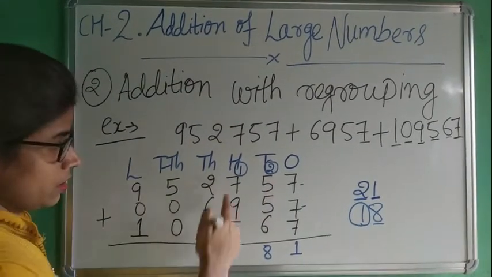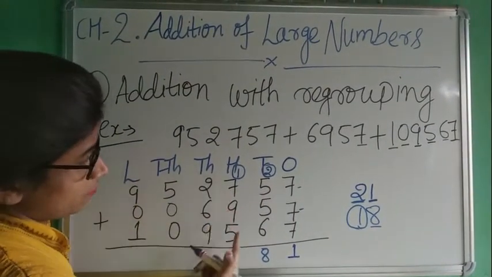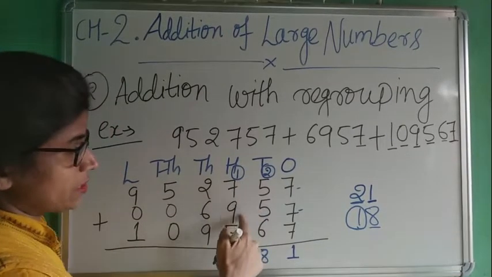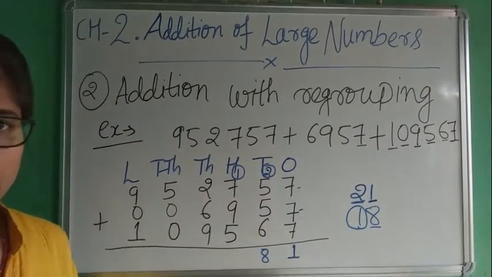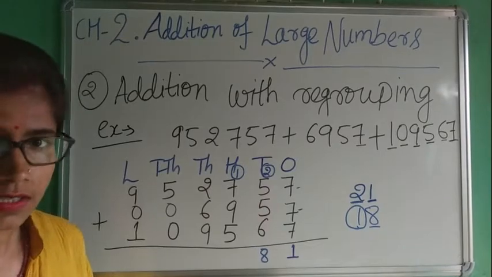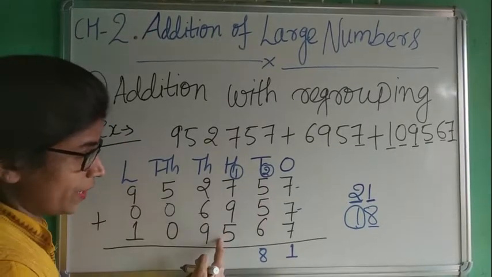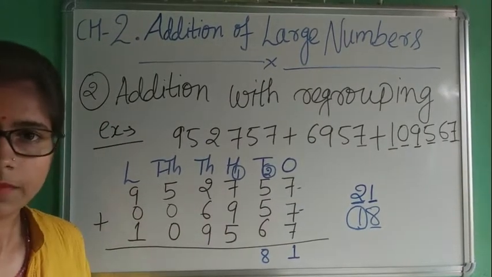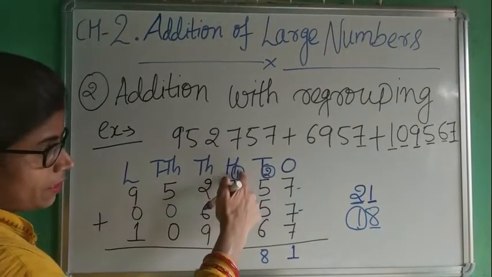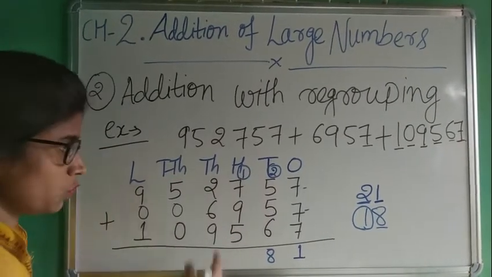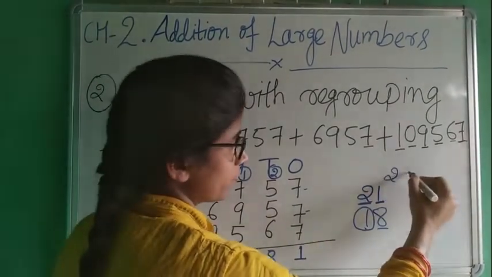Okay. Now add this. 7 plus 9 will be 16. And 16 plus 5, tell me, 21. 21 plus 1, 22. So 22.